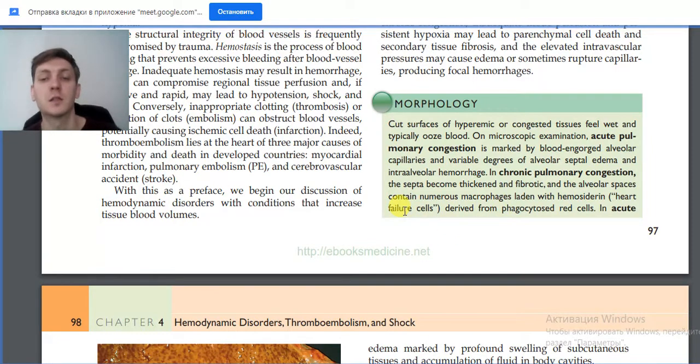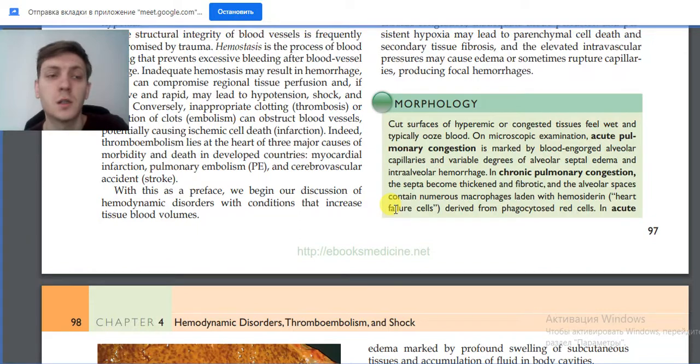These are heart failure cells. I don't remember if we discussed it or not, but macrophages of the lungs are known as alveolar macrophages, and they can digest destroyed RBCs.